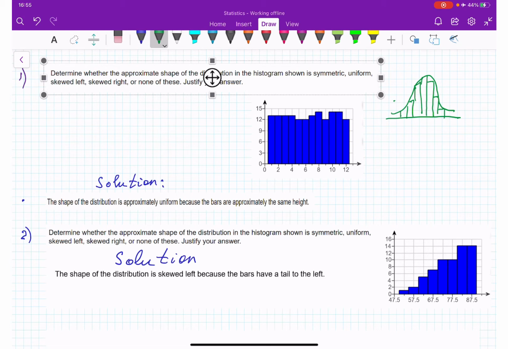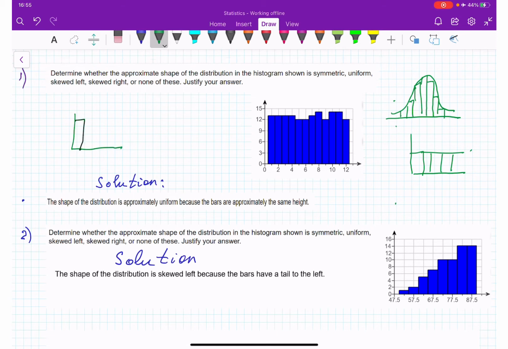When it's uniform, the graph looks approximately like this. When it's skewed to the right, the graph looks like this. And accordingly, when skewed to the left, the graph looks like this.